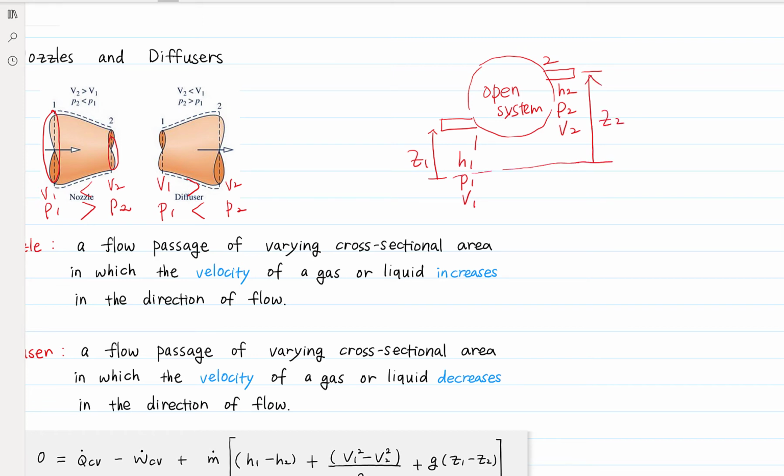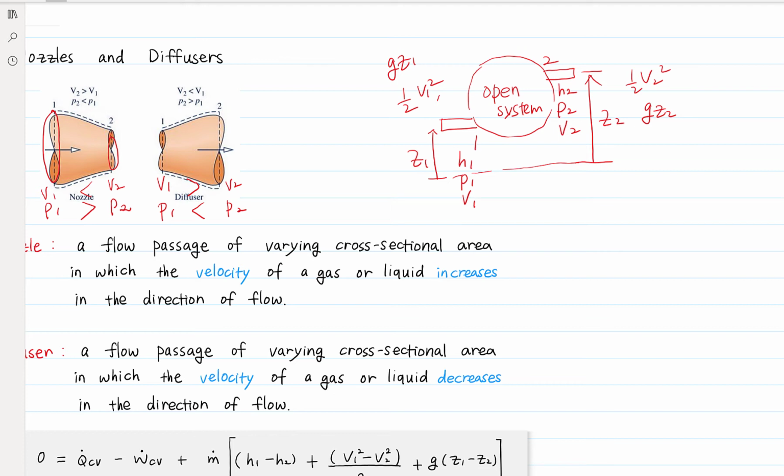So the specific kinetic energy at the inlet is half of V1 squared. The specific kinetic energy at the outlet is half of V2 squared. The specific potential energy at the inlet is g Z1. The specific potential energy at the outlet is g Z2.